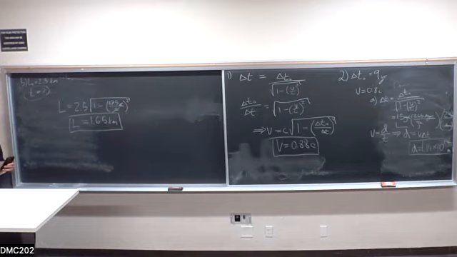So first, get pranked. Second, the important thing here is that it's powerful to recognize the quantitative difference between delta T naught and delta T, and L naught and L. Just for thoroughness, delta T will always be larger than delta T naught, because the stationary frame will see the time-dilated event, and L will always be smaller than L naught, because the moving frame will see the distance contracted.